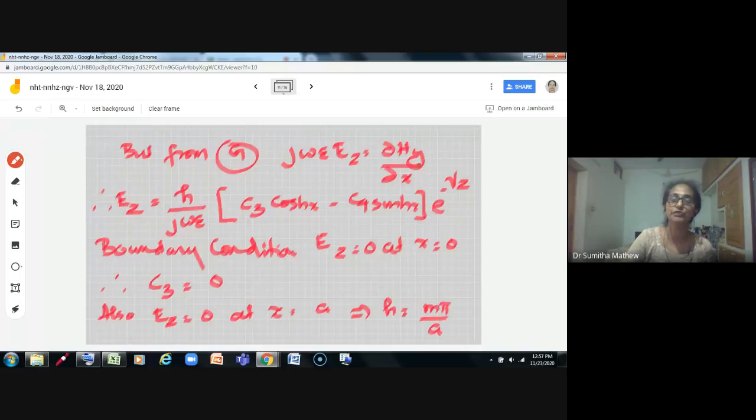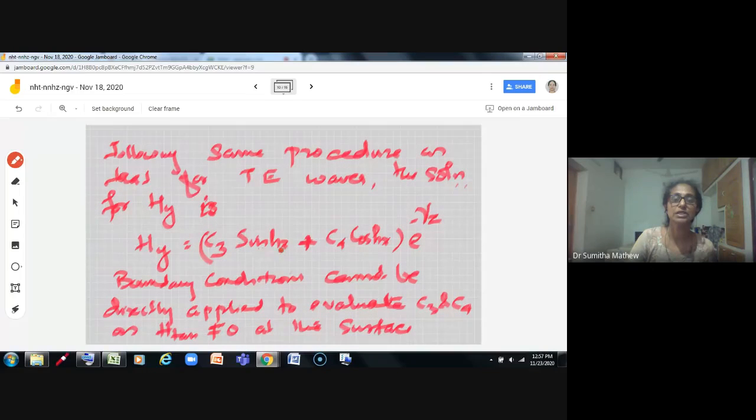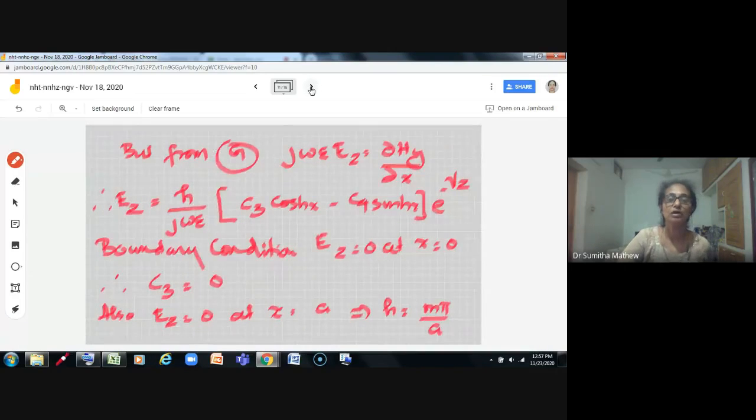So you find out dou hy by dou x, that means, what do you get? h into C3 cos hx plus h into C4 sin hx into e raised to minus gamma z. So when you perform that dou by dou x, you will get h by j omega epsilon into C3 cos hx minus C4 sin hx into e raised to minus gamma z. You get Ez.